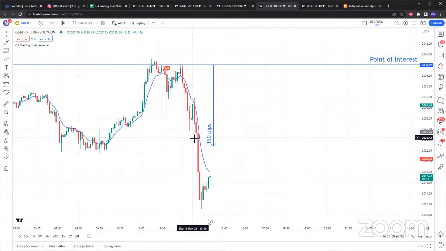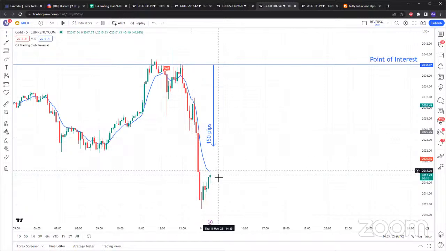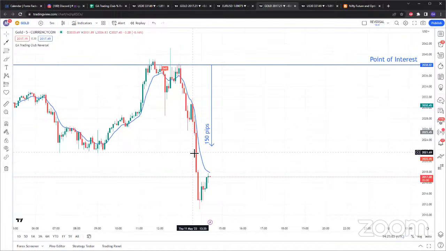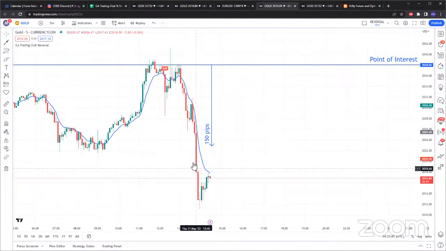So then what you then want to do is take out the bottom of the range less 100 pips. So 2011 would be 2021. So 2021 would be here. 2021 would be around here. So if you subtract the big candles that are part of the trend, and then you just consider the remaining candles.